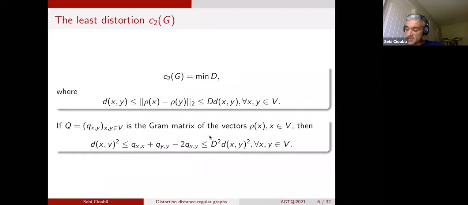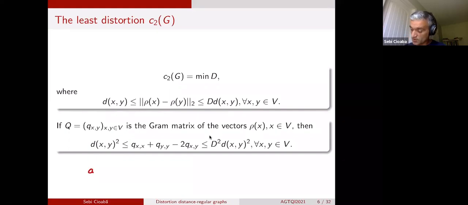Okay, so with this equivalent formulation, you can find another equivalent formulation using Gram matrices. On the top, I just have the last blob from the previous page. c2 is the minimum of D such that the distance between rho x and rho y is between d(x,y) and this constant times d(x,y). Now, if you take these rho x, they're vectors in the space R^m for whatever m is, and you can take the Gram matrix.